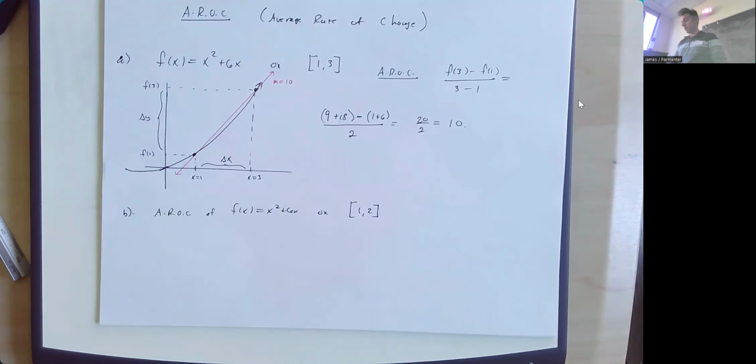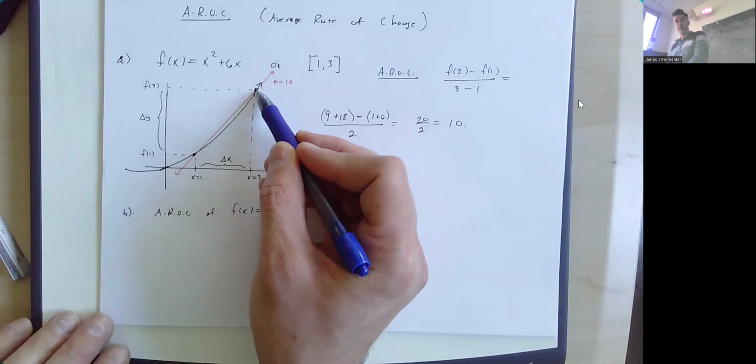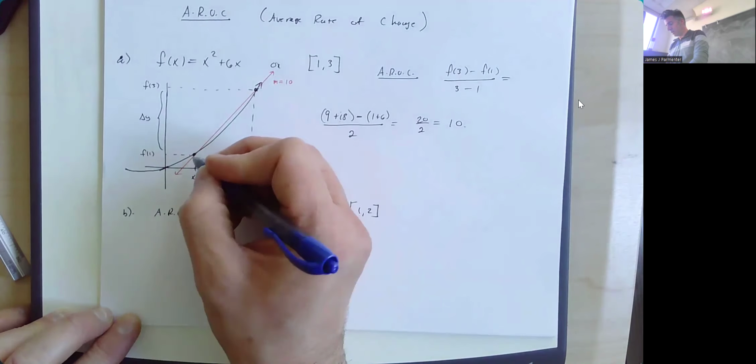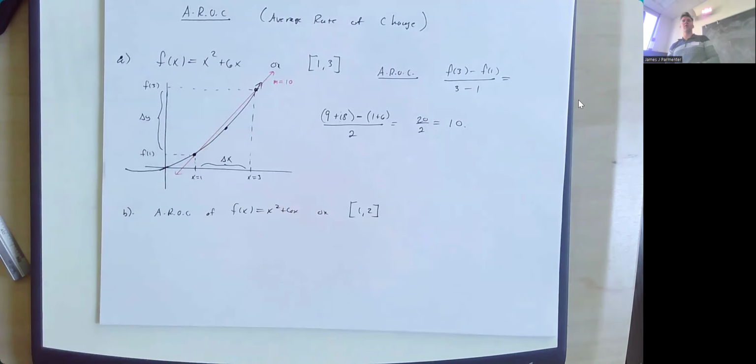Instead of using these 2 points, if I use this point and now this point, would we expect the slope to be a higher positive number or a smaller positive number? Is it steeper or less steep? It's less steep. So we'd expect the slope to be a smaller positive number.